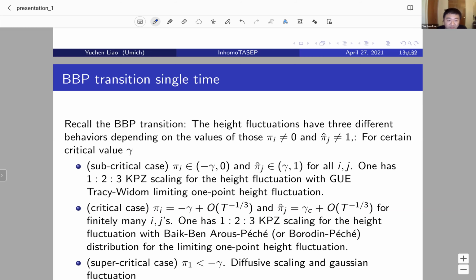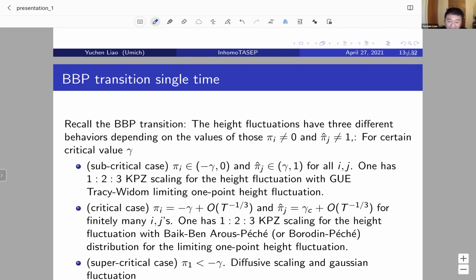So there is a critical threshold gamma, depending on what location asymptotically you are looking at the height function. Depending on which, there are three different scenarios for the height fluctuations. The first is when your rate is below the threshold.